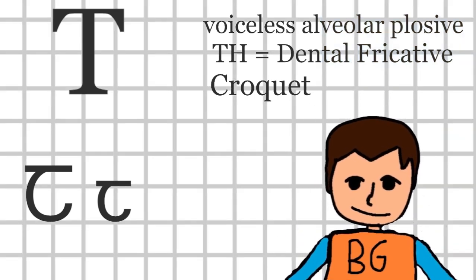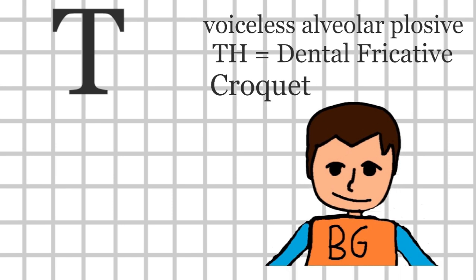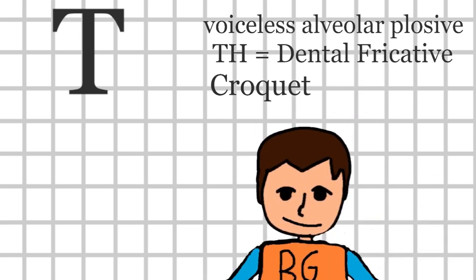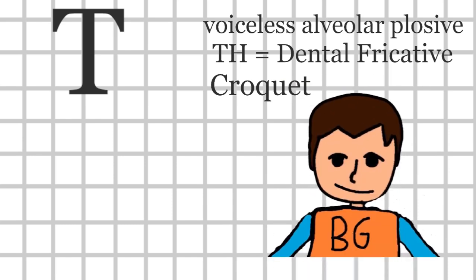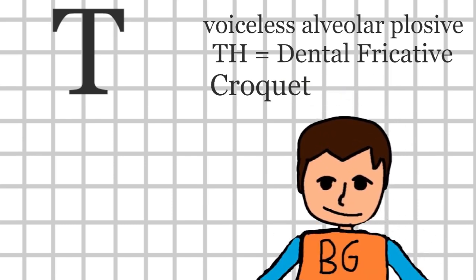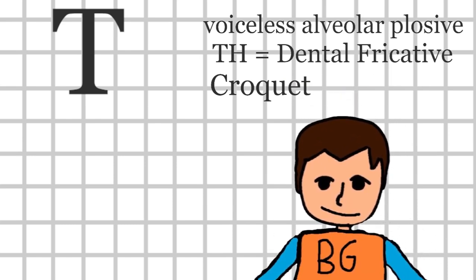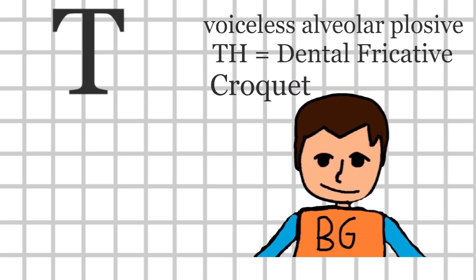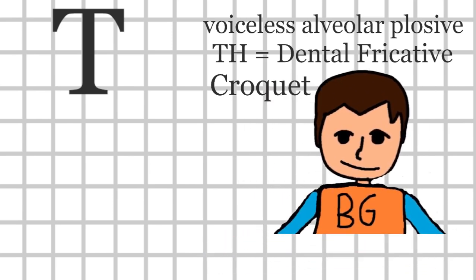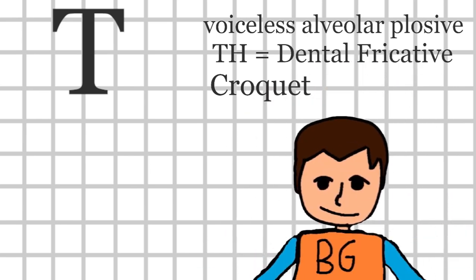Now, let's look at the influences of T, because T actually has made a bunch of influences. If you do not know, the Phoenician alphabet was passed down to the Greeks and then to the Romans, which created the modern day Latin alphabet. However, this alphabet of the Phoenicians was also passed to the peoples of Mesopotamia, and that created Hebrew and Arabic scripts.